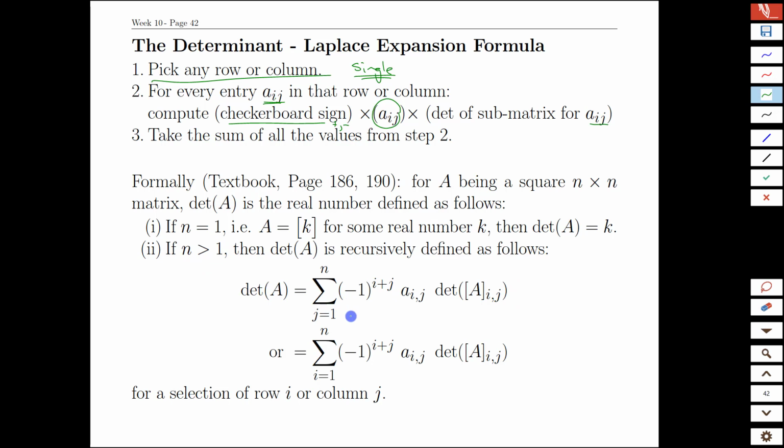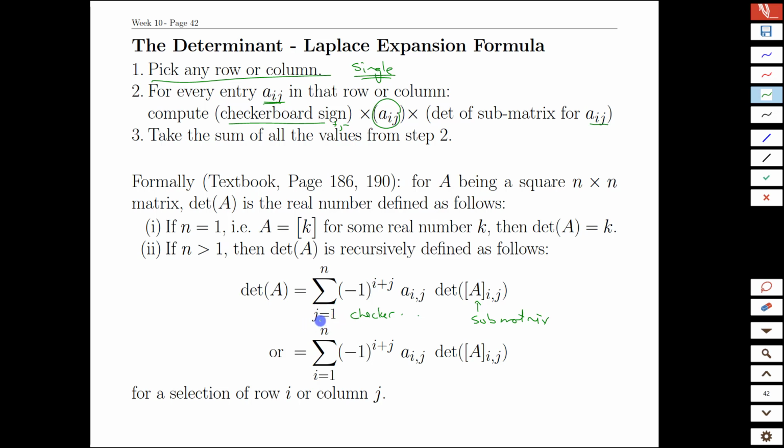We've got this sign here, which should look familiar after your 172 series work. We've got negative 1 to the i plus j, that's our checkerboard. We've got the element of the matrix itself, and we've got the determinant of this submatrix M_ij, the submatrix for that matching ij value.